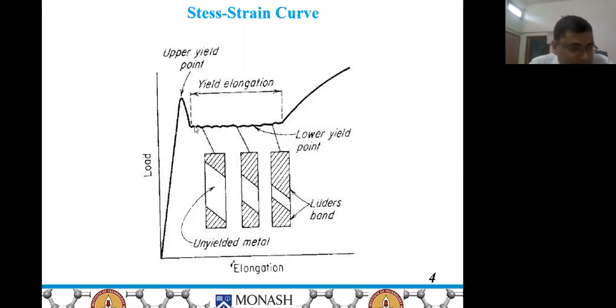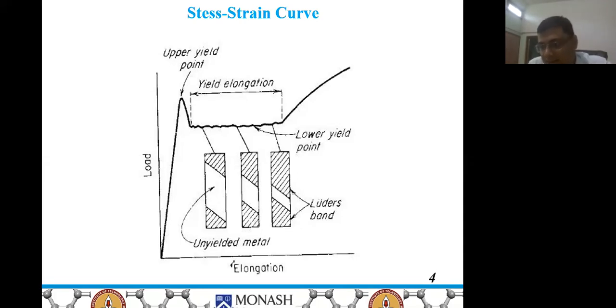At the upper yield point, a discrete band of deformed metal, often readily visible with the eye, appears at a stress concentration such as a fillet, and coincident with the formation of the band, the load drops at the lower yield point. The band then propagates along the length of the specimen, causing the yield point elongation.